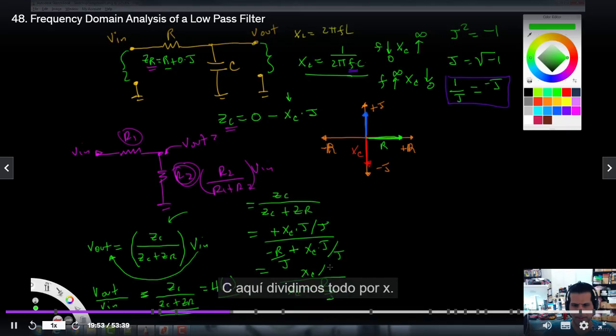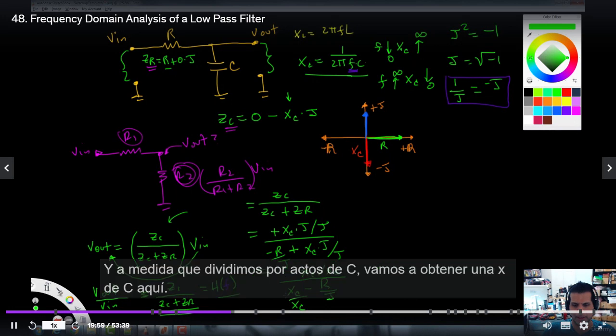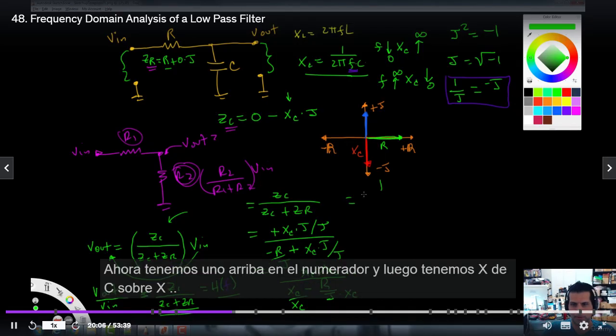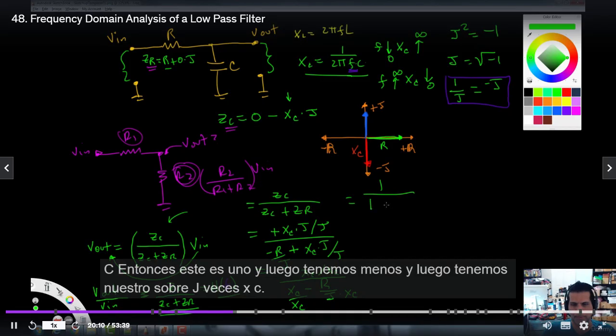As we divide by x sub c, we're going to get an x sub c here. So what do we have here? Now we've got a 1 up in the numerator. And then we've got x sub c over x sub c, so this is 1. And then we've got minus, and then we have r over j times x sub c.